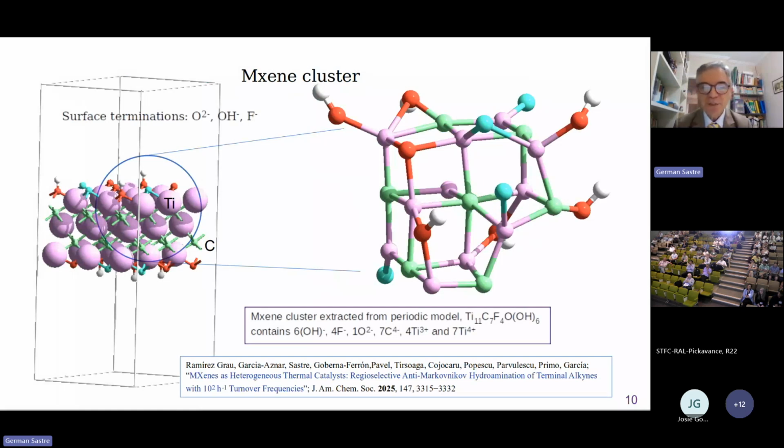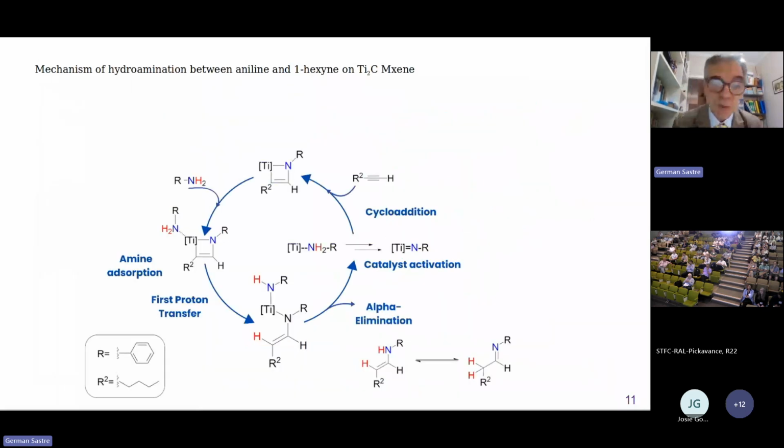And then the terminations, we selected a few of each of the more widely known: hydroxide, fluoride, and oxygen. So with this cluster and using B3LYP as functional, then def2-SVP as basis set, we are carrying out the study, which I show you overall view of the mechanism.